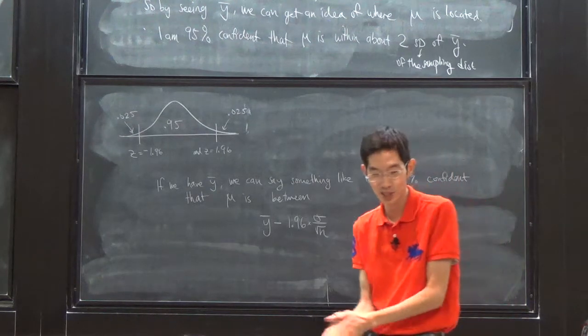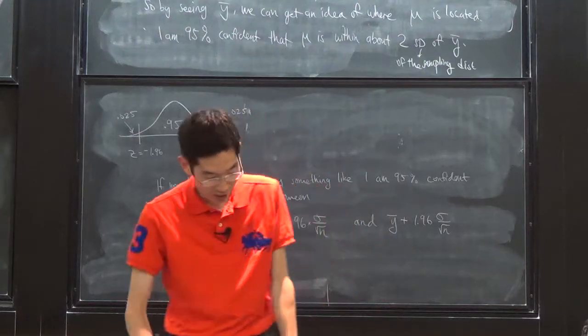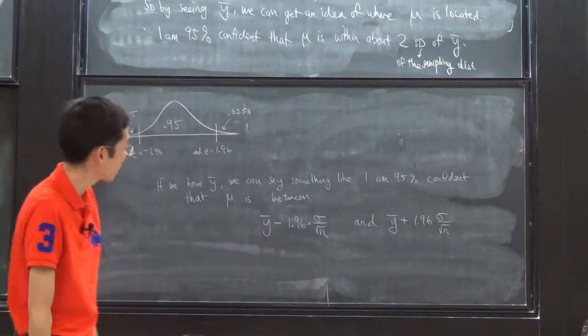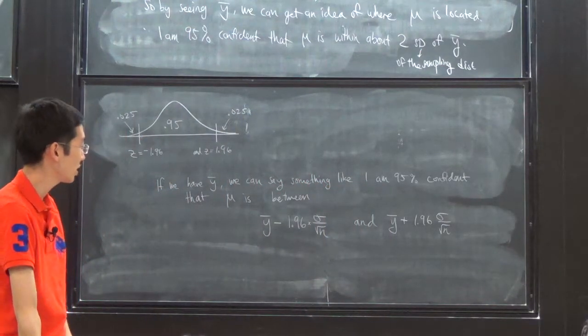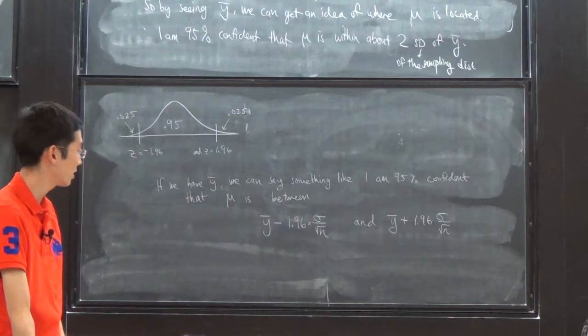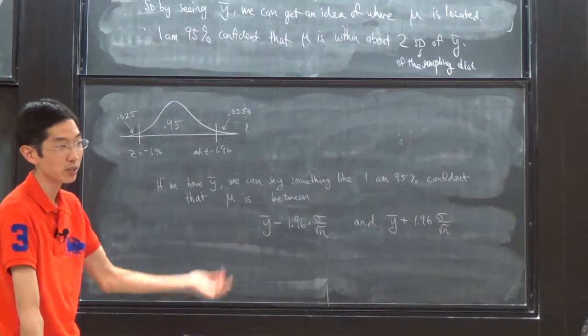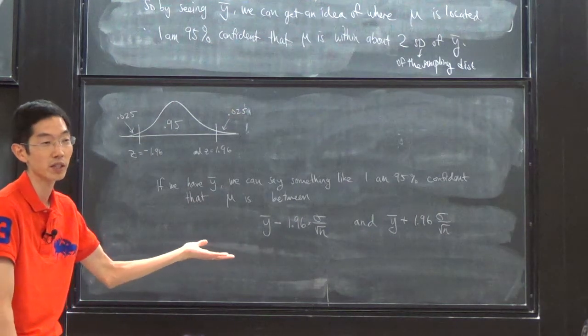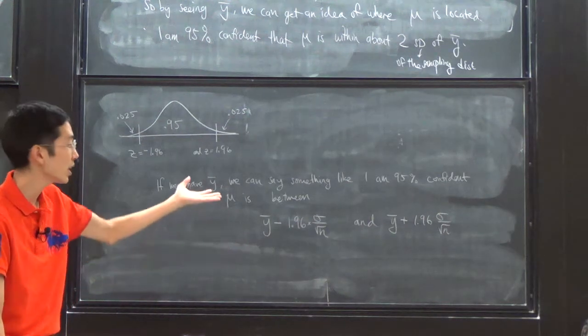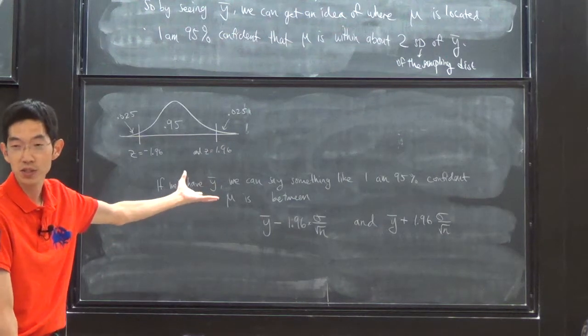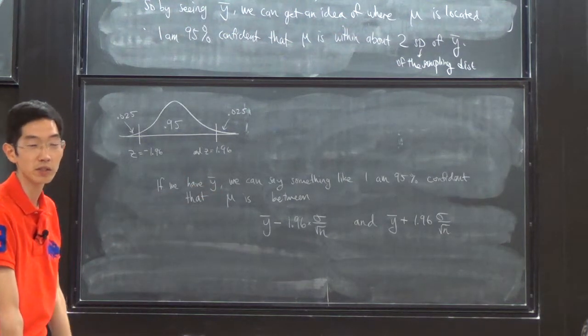Okay, well it is. So we don't know what the population standard deviation is, but we can take the sample standard deviation. So we have a sample of some values. We can take the standard deviation of that and use that as a rough guess for the population standard deviation.